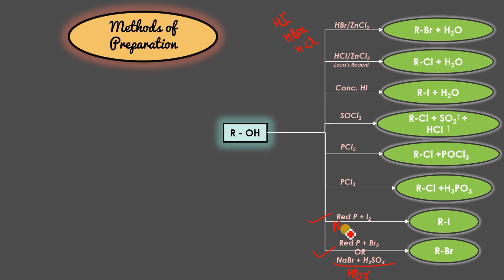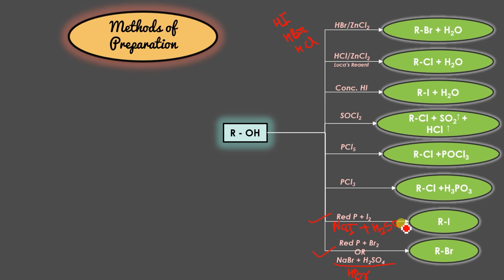So what will it give you? It will give you HI, and that HI will further react with ROH to give RI. Got it? This is the exact, appropriate method to prepare bromoalkane or iodoalkane.